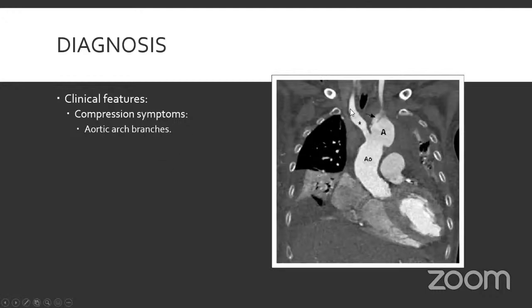Sometimes the patient will present, due to compression of the different branches, with either upper limb claudication or even stroke, such as this case where there is a saccular aneurysm that is compressing what seems to be the left common carotid artery.